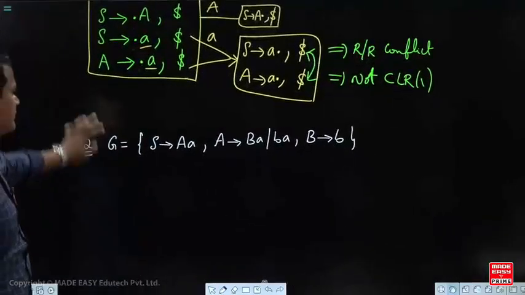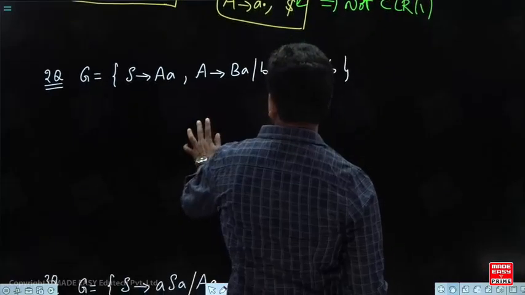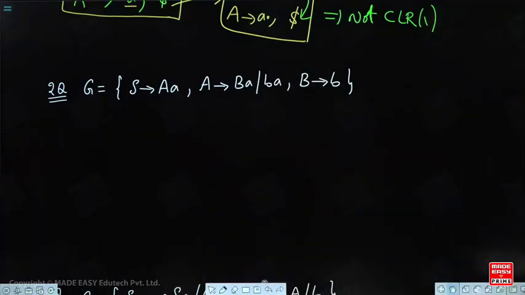Next one. Second one is ambiguous. Praveen Solanki, second one is ambiguous.